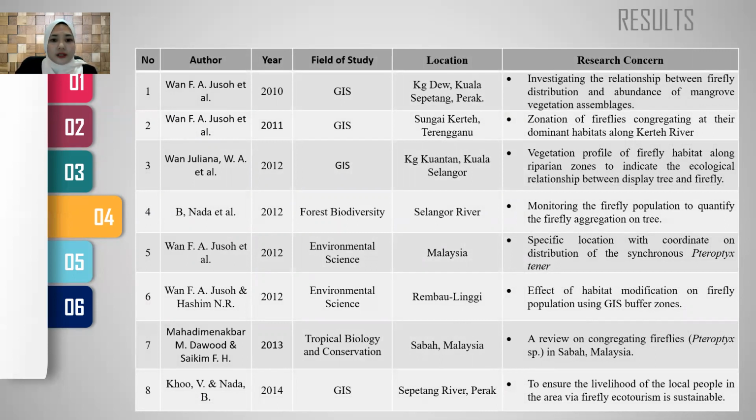Kampung Diu, Kuala Sepetang, Perak. Sungai Kertih, Terengganu, where they use zonation of fireflies. And then Kampung Kuantan, Kuala Selangor, and also Selangor River. In this research they give the specific locations with coordinates on the distribution of the synchronous fireflies.